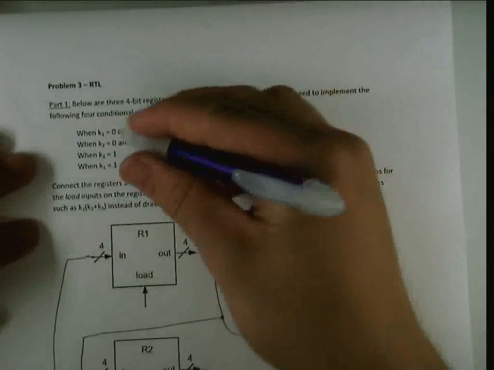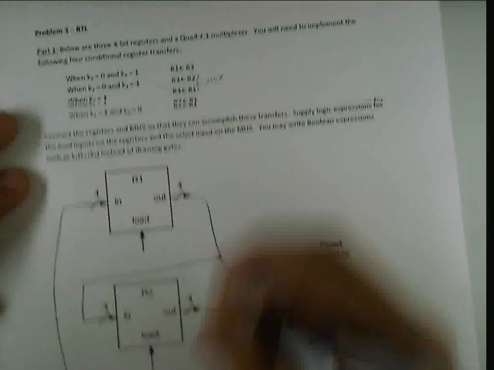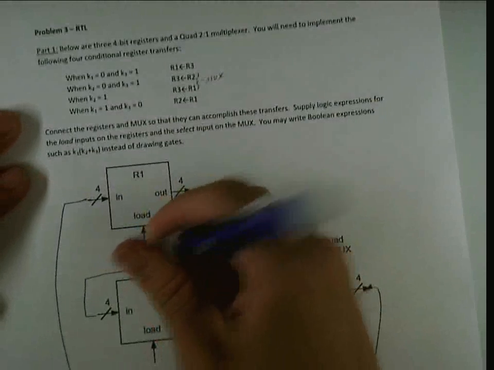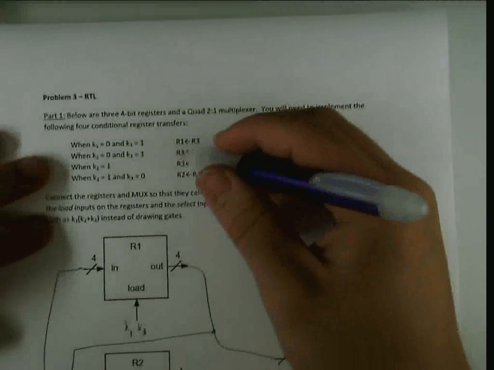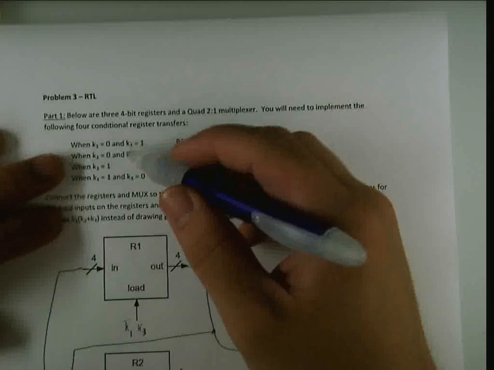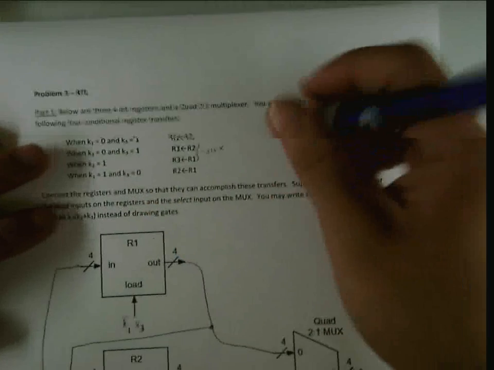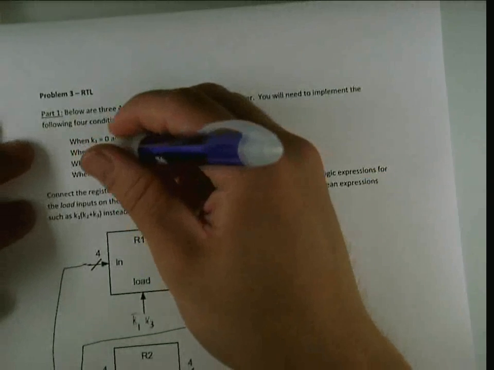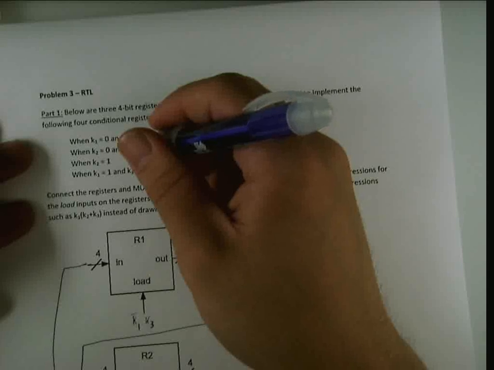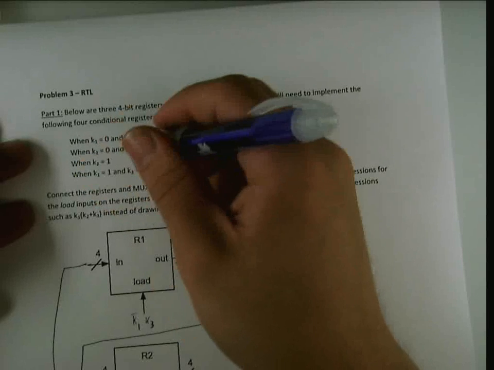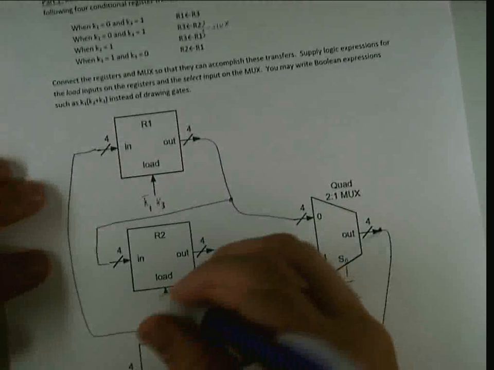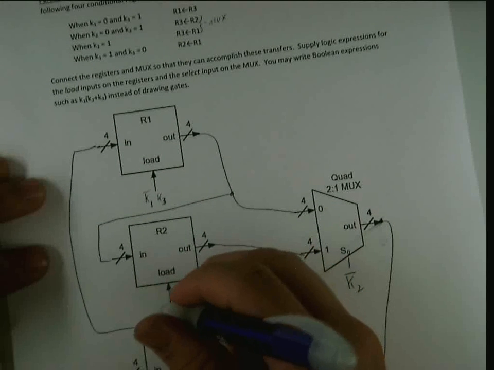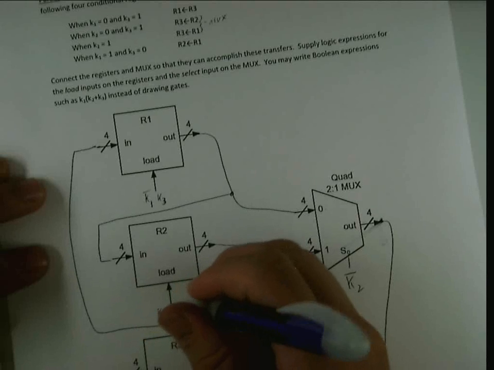R1 gets loaded only for K1 bar K3. And then R3 gets loaded for K2 or K2 bar K3, which is just K2 or K3. So R2 gets loaded on K2 or K3.